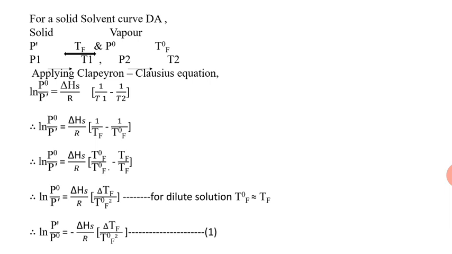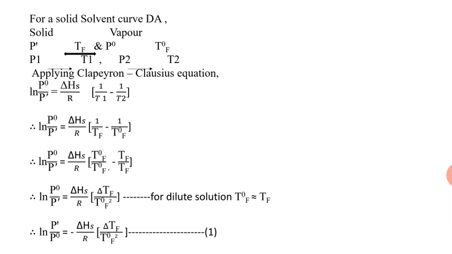This is our equation number 1. Student, please note down, when we reverse the above equation, the right hand side of the equation becomes negative and on the left hand side P dash goes upward and P0 comes downward.